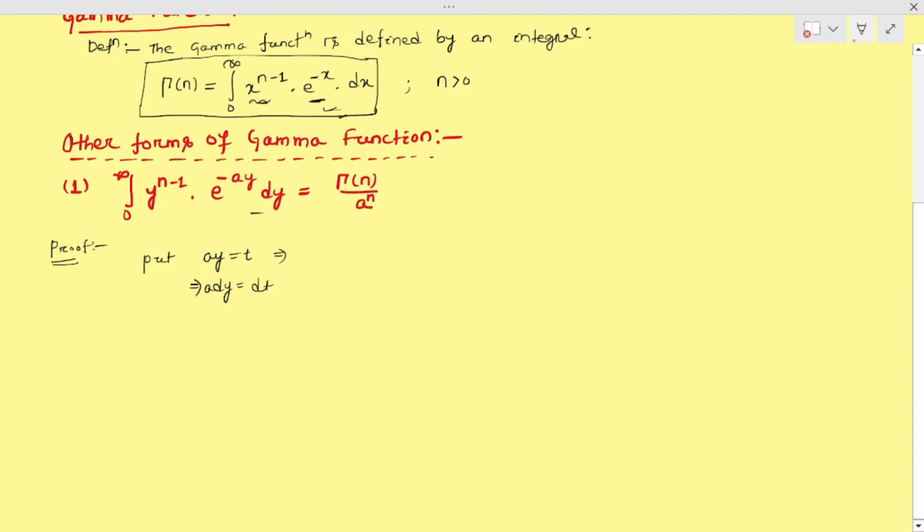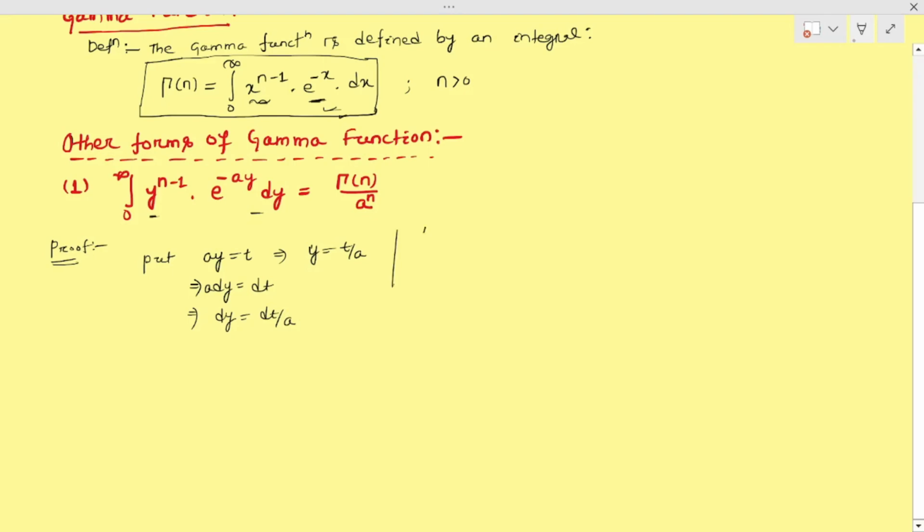So y will be equal to t by a, and dy will be equal to dt by a. Instead of y, we have to substitute t by a, instead of ay we substitute t, and dy will be dt by a.